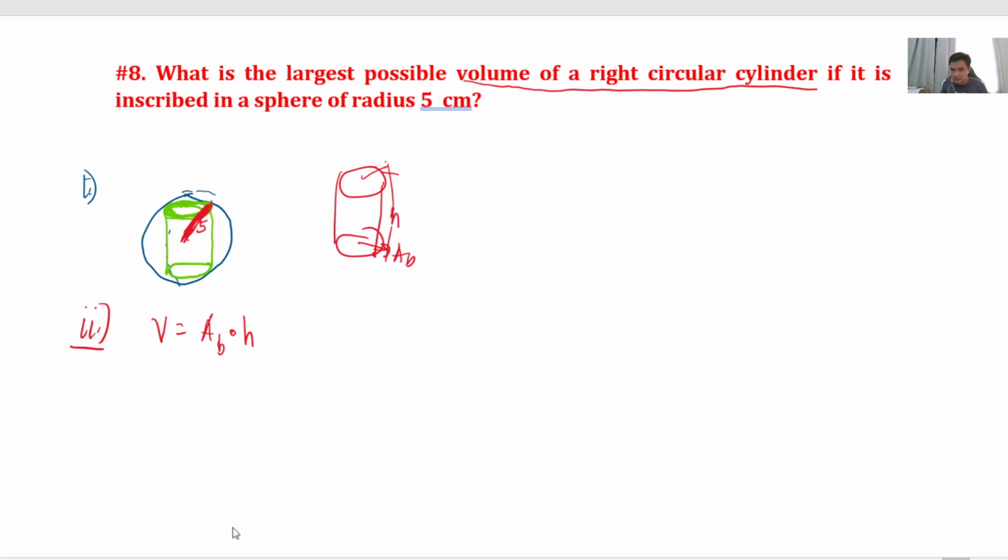And the area of the base of a circle is pi r squared. Tama ba? Kasi circle yung nasa baba niya. So, volume is equal to pi r squared times yung height ng ating cylinder.